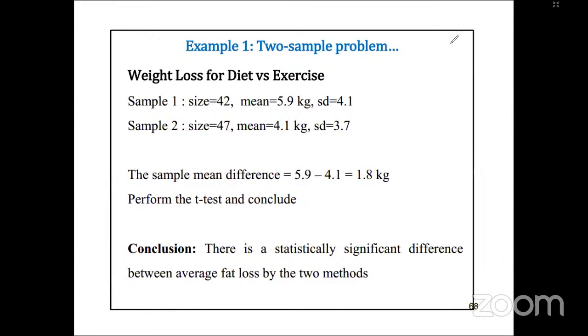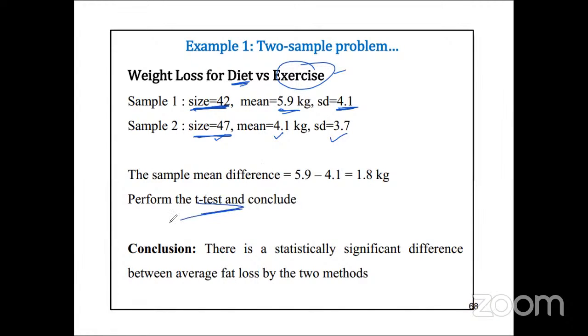So see what is done now. For the weight loss program through diet, 42 women are chosen. Their mean weight loss and standard deviation are recorded. Then 47 women from the exercise weight loss program are taken. Their mean weight loss is taken and their standard deviation is recorded.